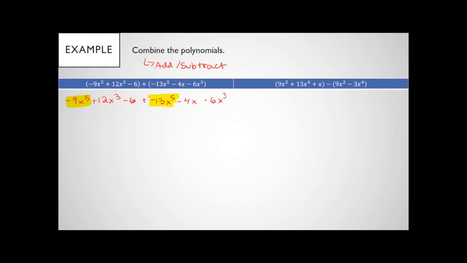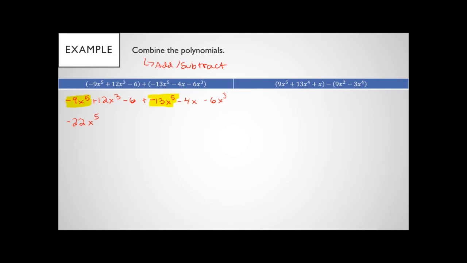When I combine those, I'm literally adding the numbers together. I have a negative 9 plus negative 13. If you want to make sure you don't make any arithmetic mistakes, you can just use your calculator for that. And those add to a negative 22. So I'm going to write this, negative 22x to the fifth.